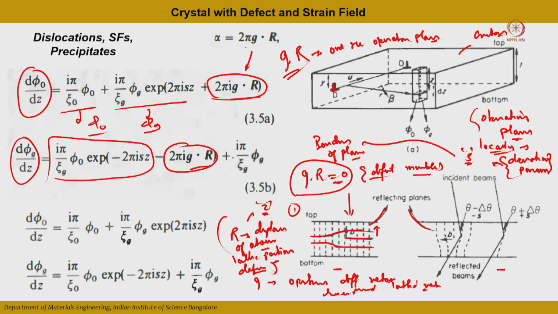Now you can see that this dislocation does not affect the incident beam, because it is carried on those particular reflecting planes.